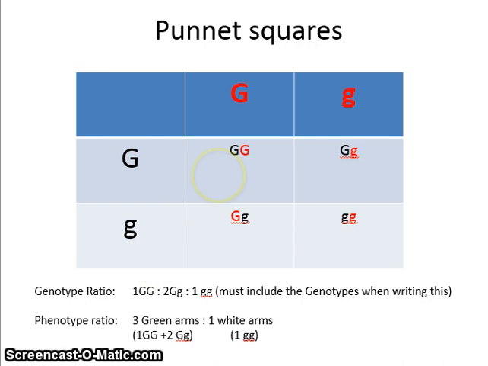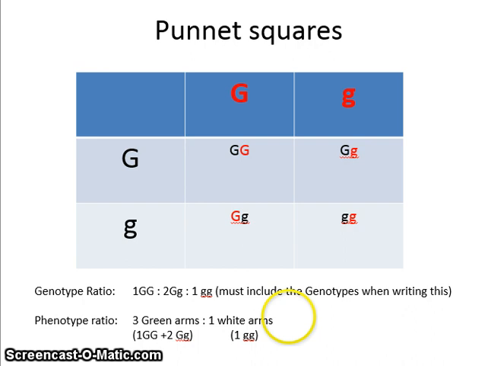So what can happen is that there's a 50% chance that this individual passes on the big G to their children, 50% chance that they pass on this little g to their children. And likewise for this parent here. So what we end up with is 4 possible combinations. We can have one offspring who has big G big G, 2 possible offspring here and here who have one big G, one little g, so they're heterozygous, and one possible offspring who has little g little g, so is homozygous recessive.